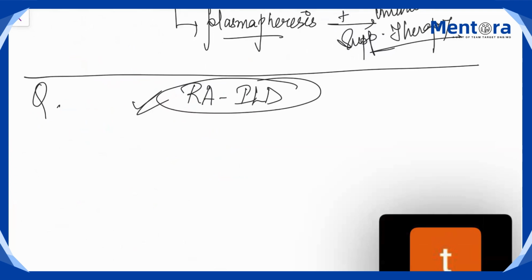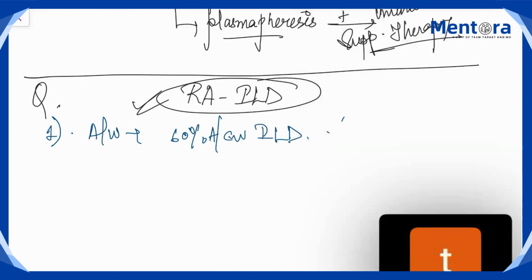So rheumatoid arthritis is one of the connective tissue disorders which is very frequently associated with interstitial lung disease. Almost 60% are associated with interstitial lung disease, so there is always a multidisciplinary approach.